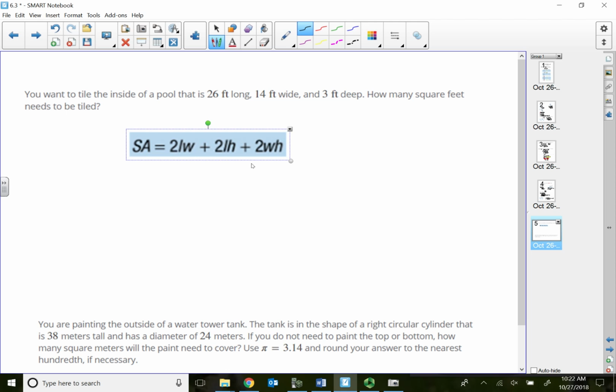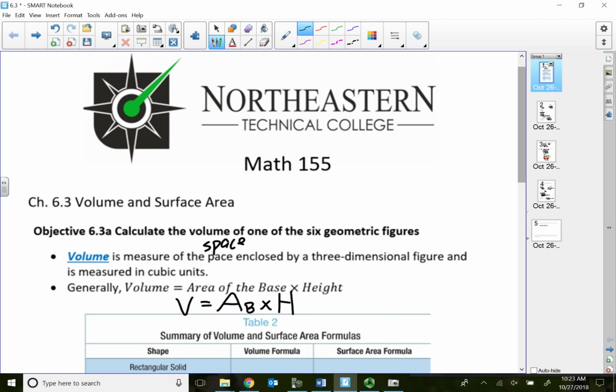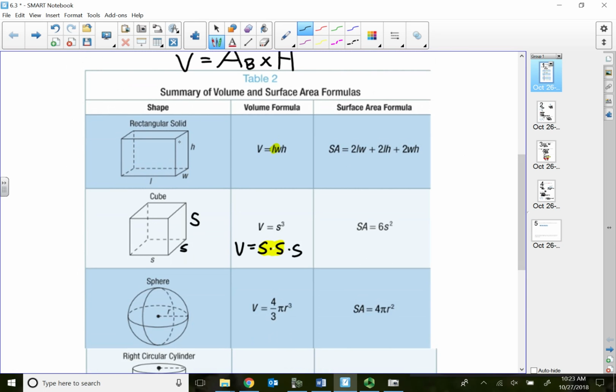But we have to be very careful. How many square feet are needed to be tiled? If you really think about it, if you want to tile the inside of a pool, this is a total surface area, but we actually do not have to tile as far as the area of the base is concerned. A pool only has one base because the top part you don't have to tile.